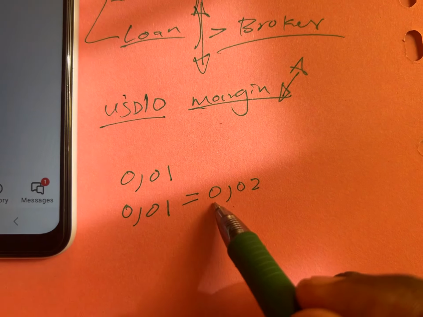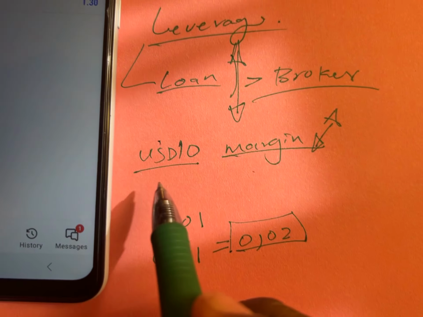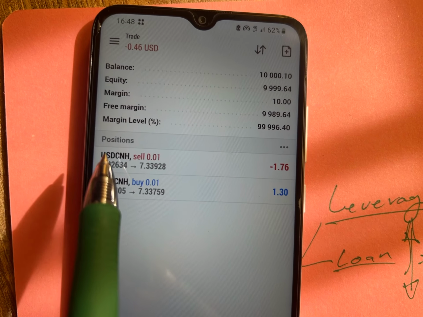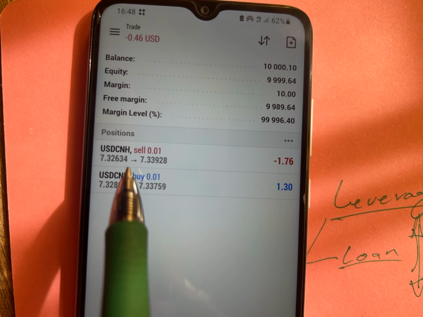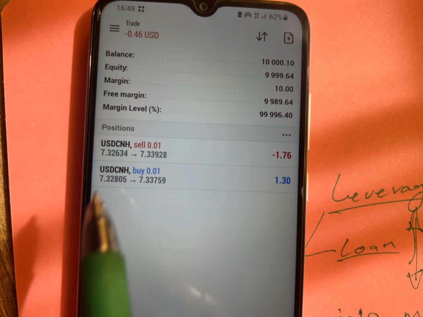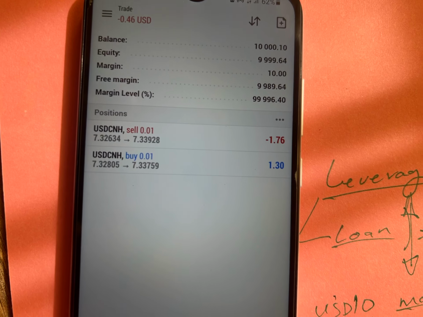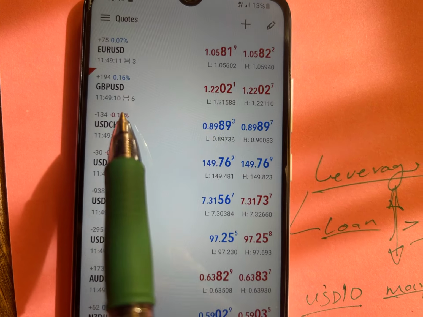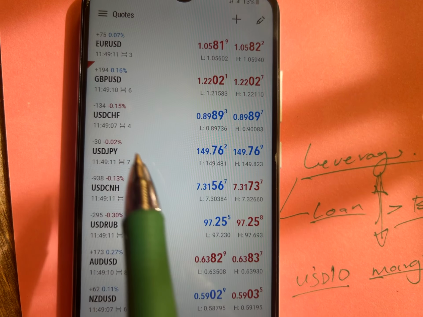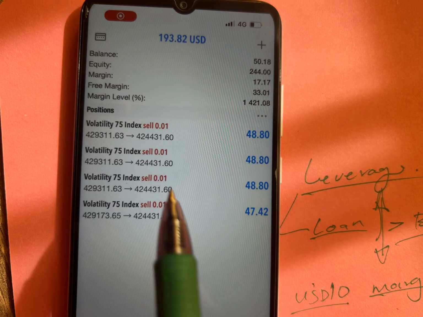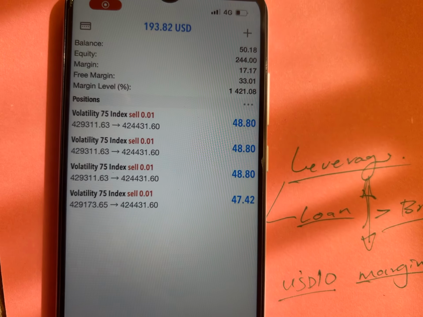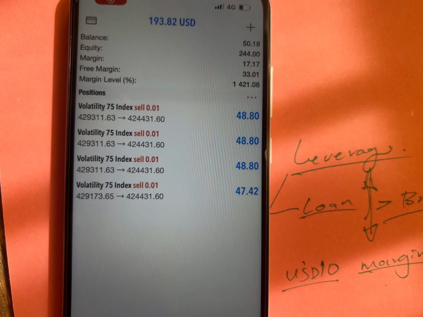So now, since you have 0.02, you need only $10 to trade the currency pair USD CNH. We can use any instrument or asset, whether GBP USD, USD CHF, or we trade the Volatility 75. It doesn't really change anything. It is how it is.